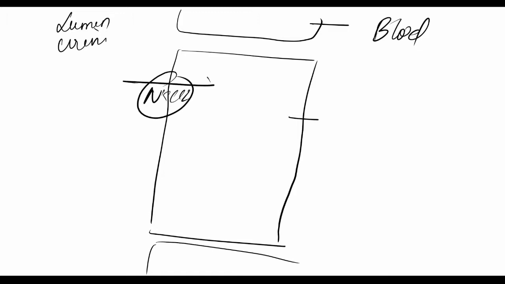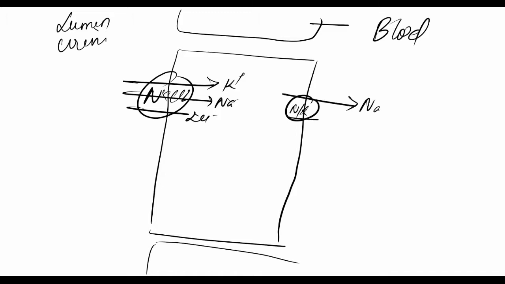NKCC2 takes in one potassium ion, one sodium ion, and two chloride ions. And there is one more thing, the sodium potassium ATPase, which is expelling the sodium ions and taking in the potassium ions. Here we are seeing excessive influx of potassium ions, so there's going to be a potassium ion buildup. So we're still looking at the normal condition.